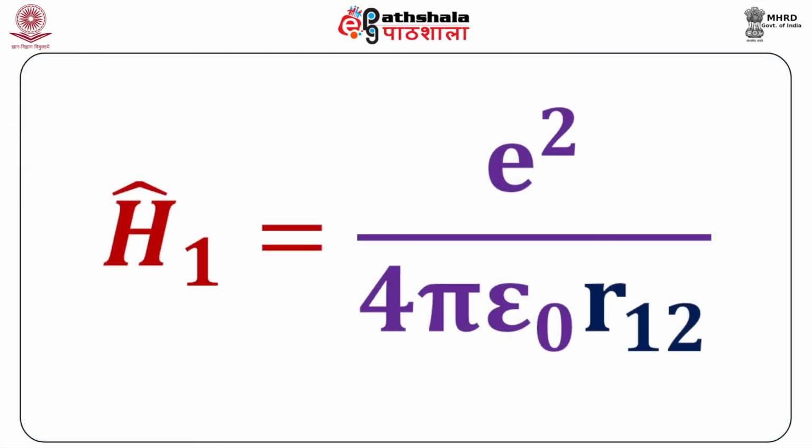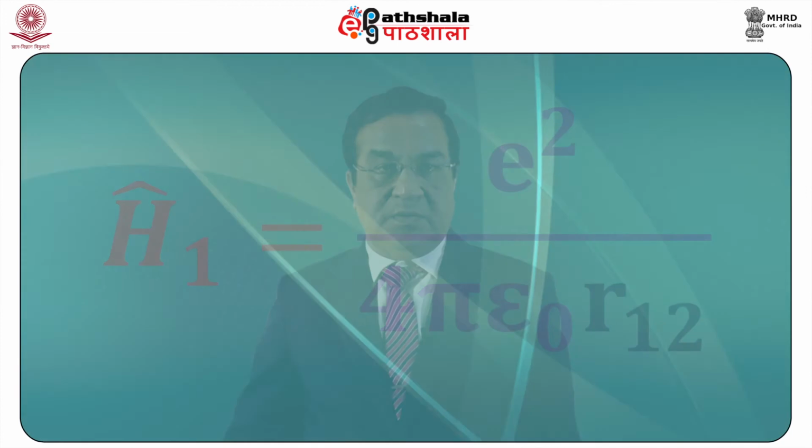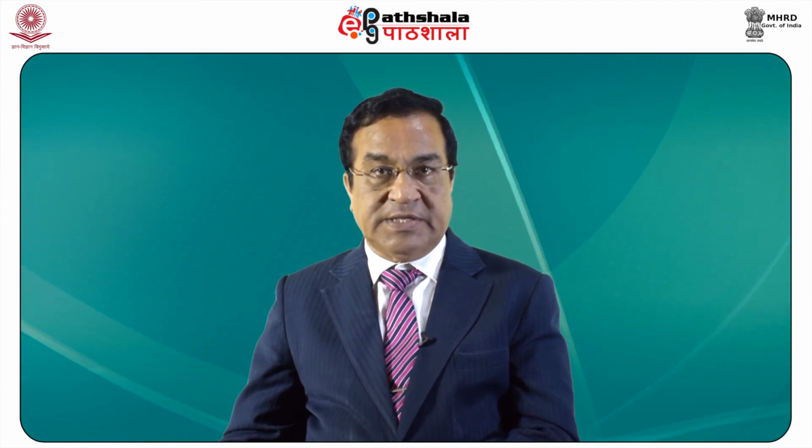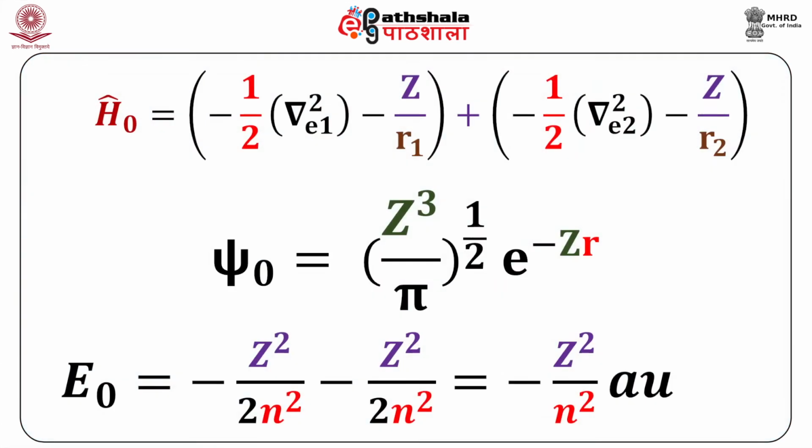That means H1 cap is equal to e square upon 4 pi epsilon 0 r12. It is also important to see here that if we use the corresponding atomic units about which we just mentioned, the corresponding equations which we have already studied will assume a simpler form.